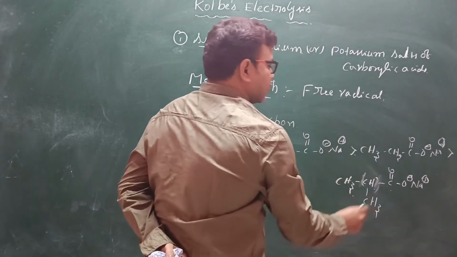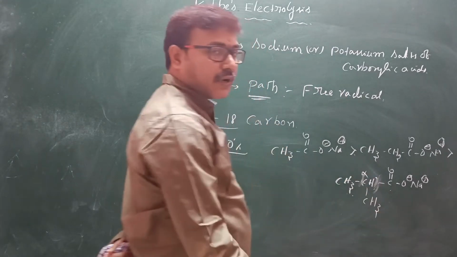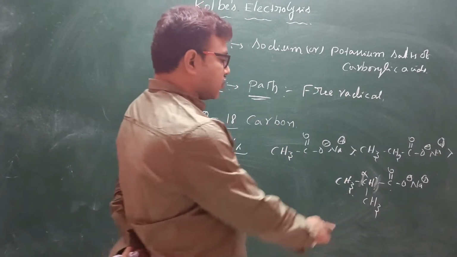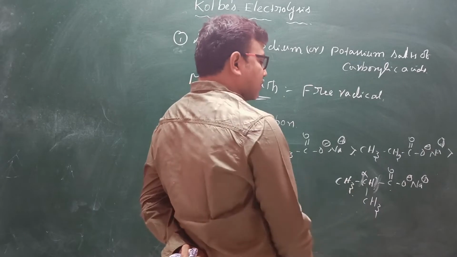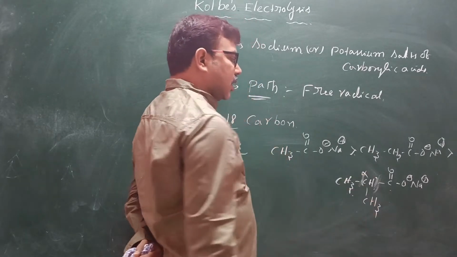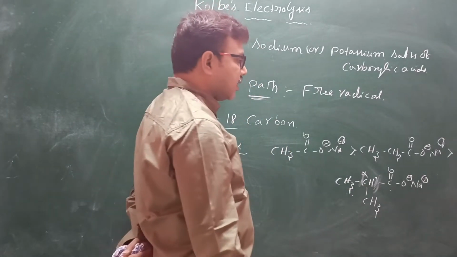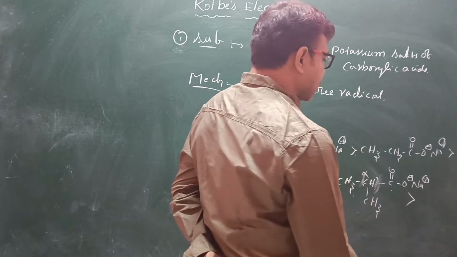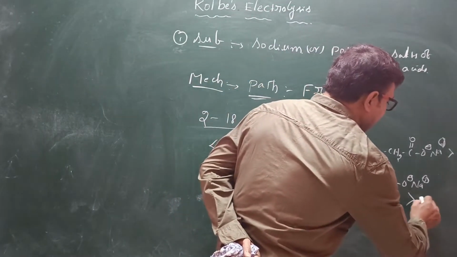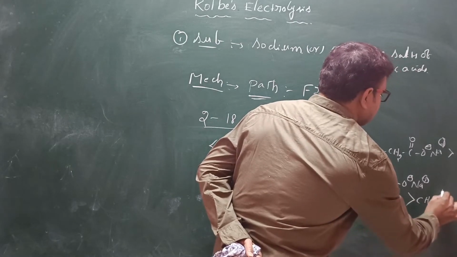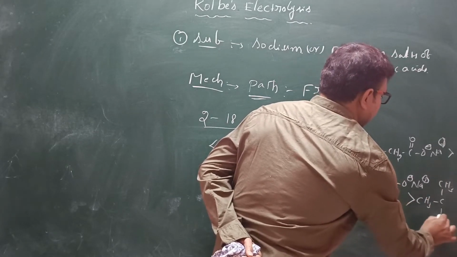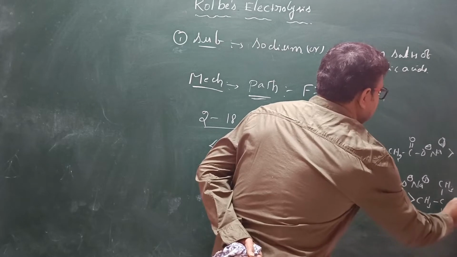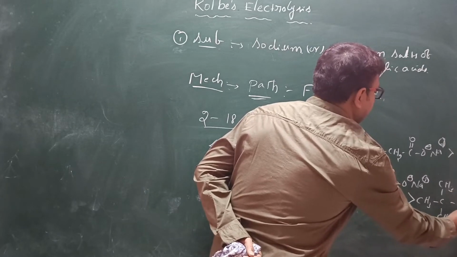This is a functional group. The carbon adjacent to it is called the alpha carbon. When the alpha carbon has a substituent, steric crowding increases and the percentage of yield decreases, so it has a lower yield. See another example, CH3 C double bond O minus Na+.